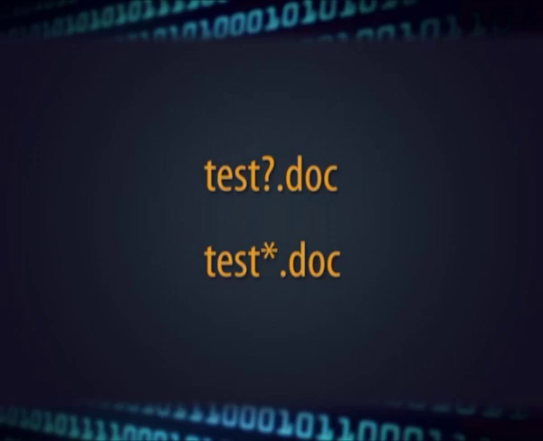These two characters, asterisk and question mark, are used as wildcards, therefore they cannot be in file names. For example, a file name test?.doc or test*.doc is not allowed.